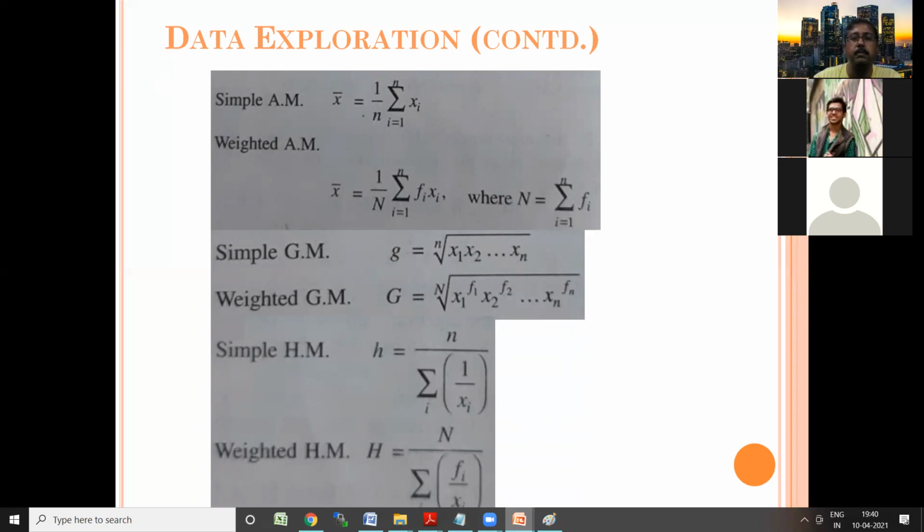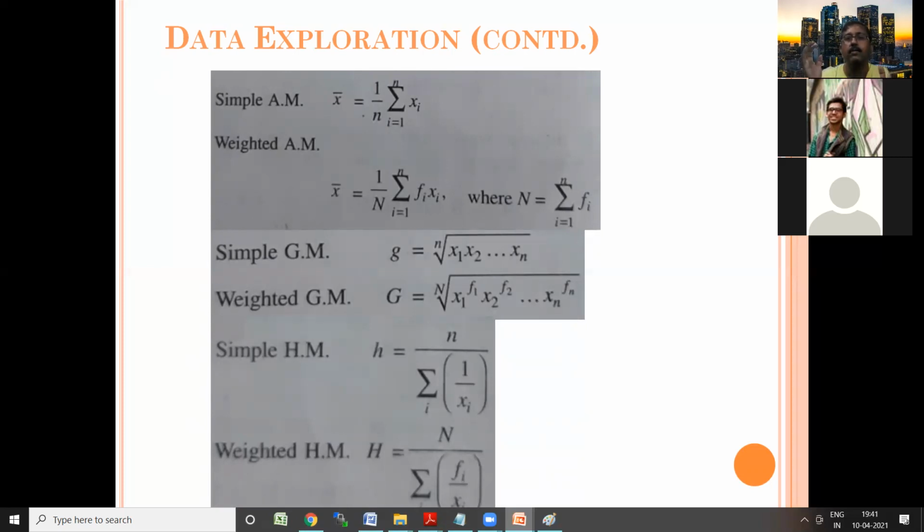Same way, the geometric mean, the formula is the nth root of x1 x2 to xn, the product of x1 x2 to xn. So what we do is we multiply the different xi's, and then we take the nth root.